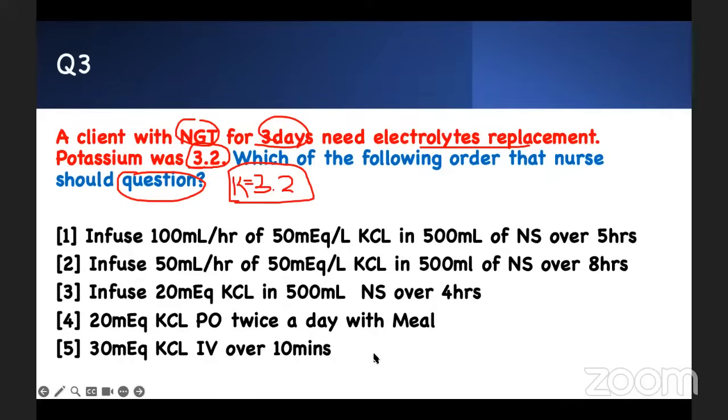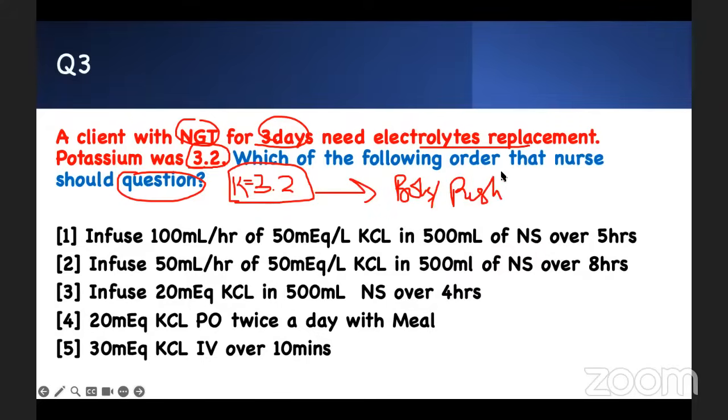There is a principle. And what is the principle of replacement of potassium? What do you guys think? What is the number one principle you should know when you're replacing somebody's potassium? No IV bolus or push.